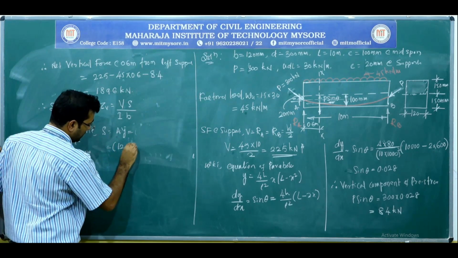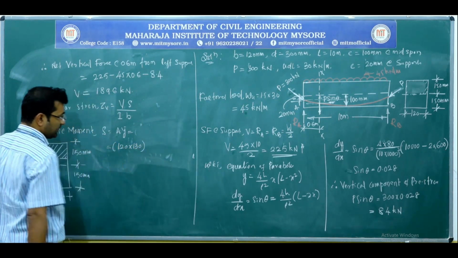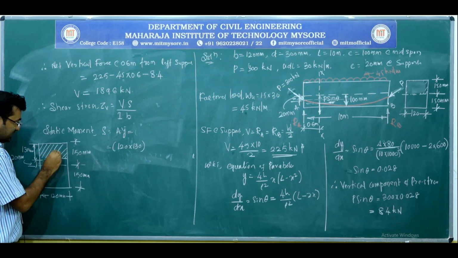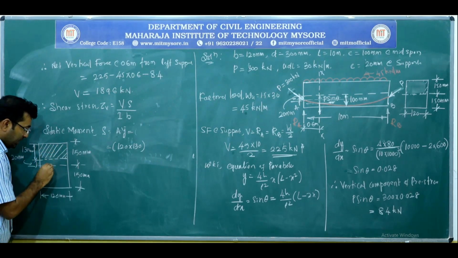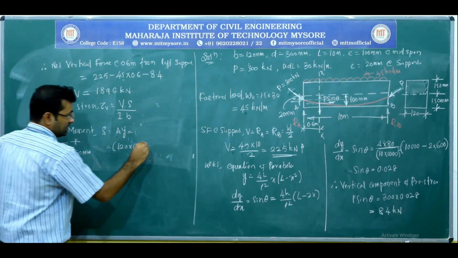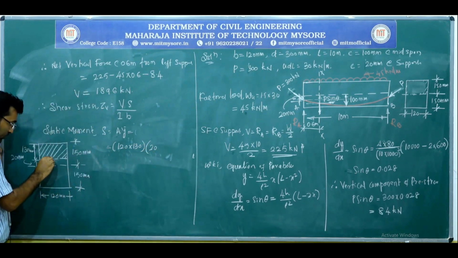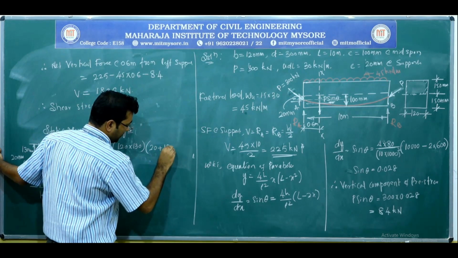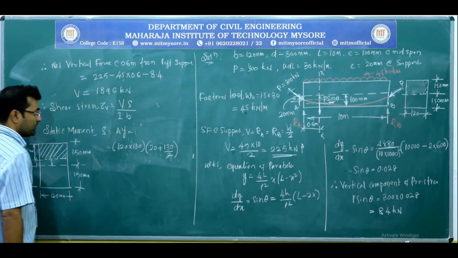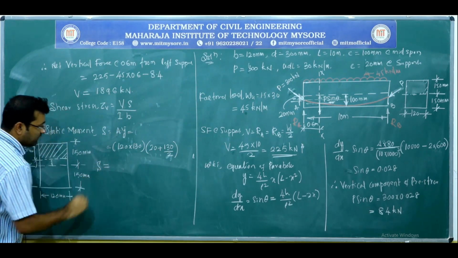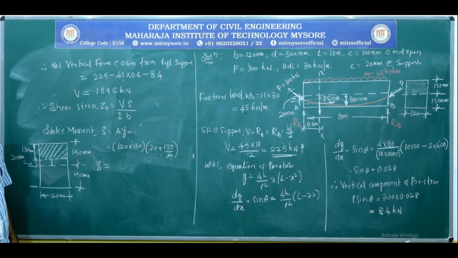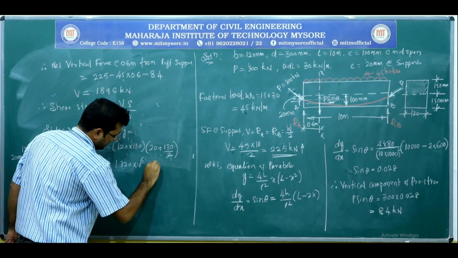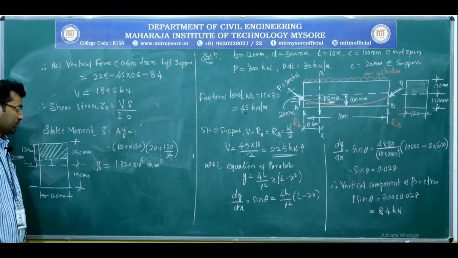It is 120 into 130, right? I want the centroid of this shaded area with respect to the neutral axis. So it will be 20 plus half of 130, that is 130 by 2. So the static moment value is about 1.320 into 10 to the power 6 millimeter cube.